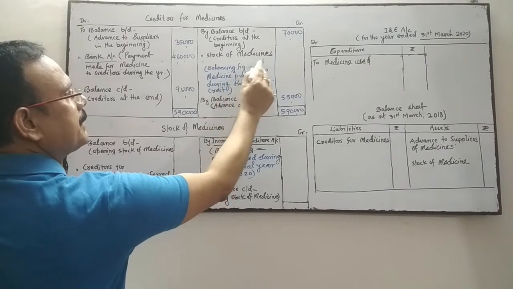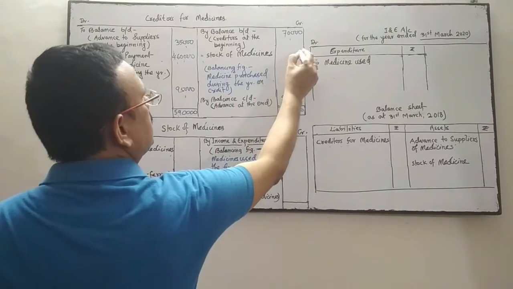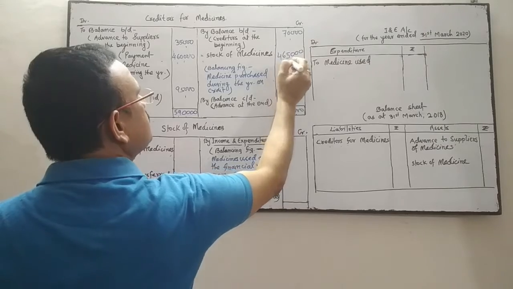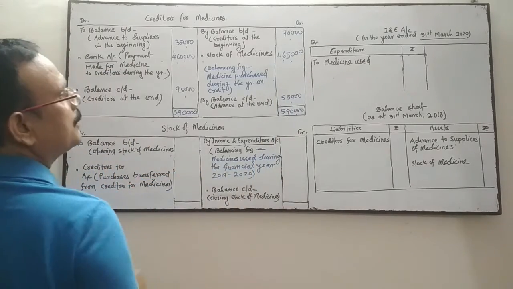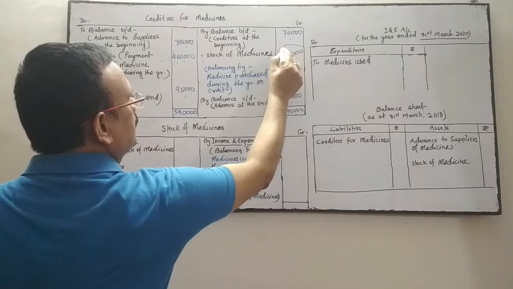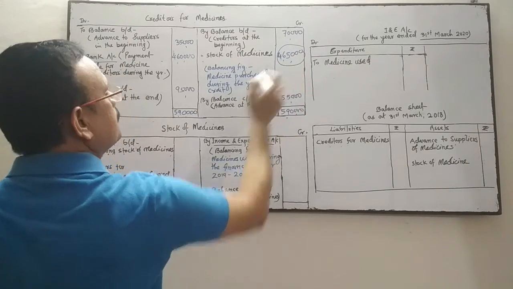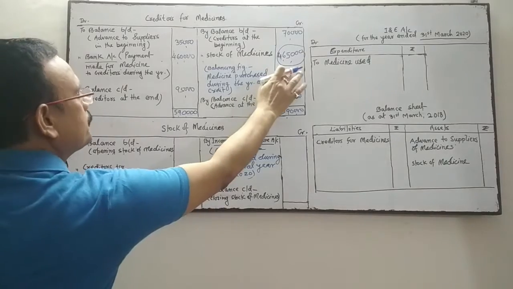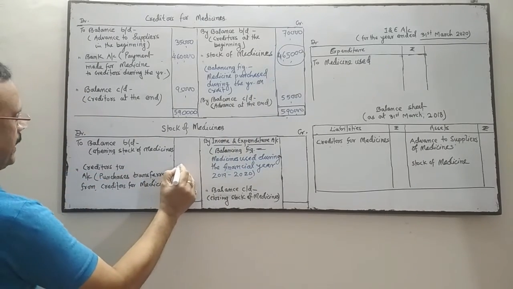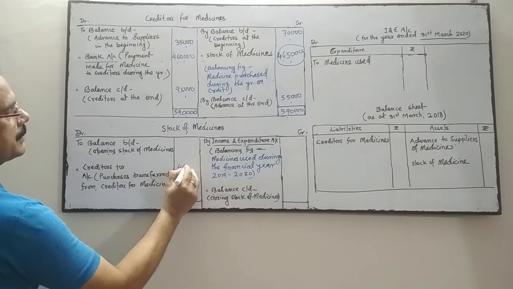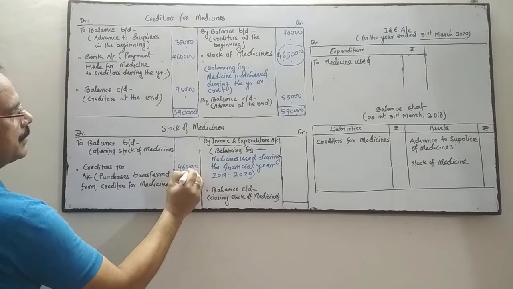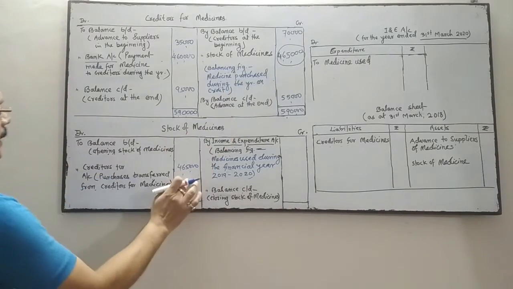So the balancing amount is 4,65,000. This is the balancing figure, and this amount we will write over here, 4,65,000.